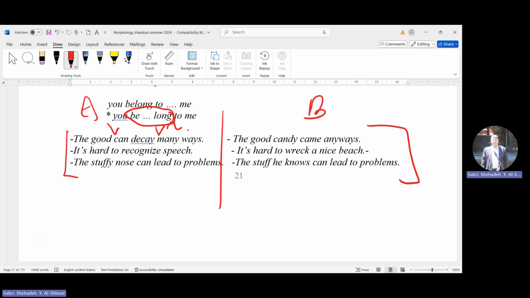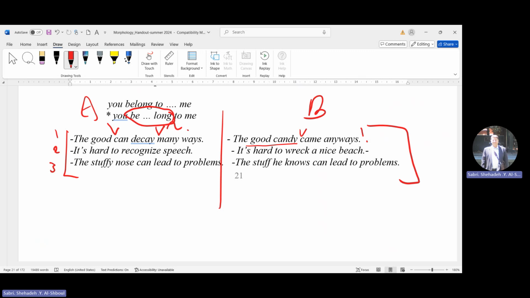In the sentence in B, "the good candy," I pause here: "the good candy came anyways," right? So here we notice that the pattern of pauses does determine the meaning, the processing, and the perception of the sentence. The same applies to the sentences in two.